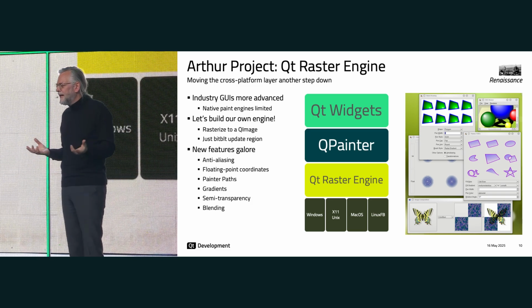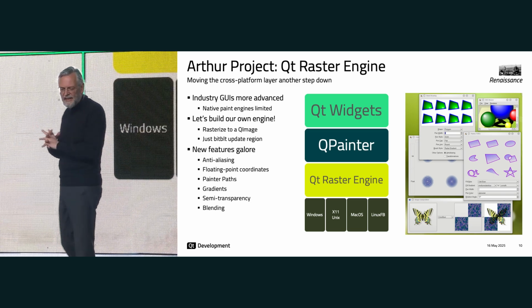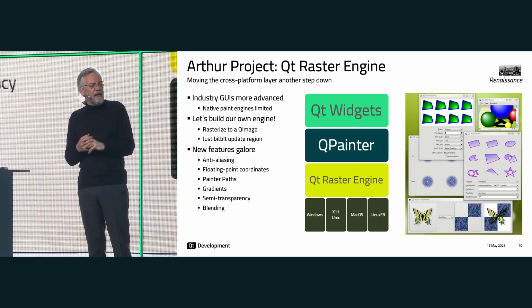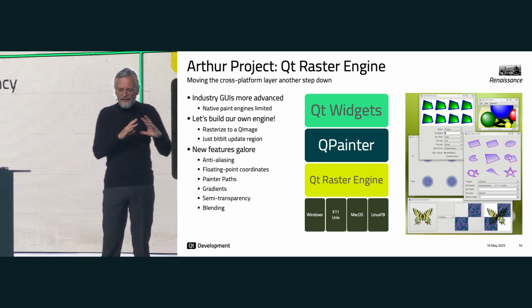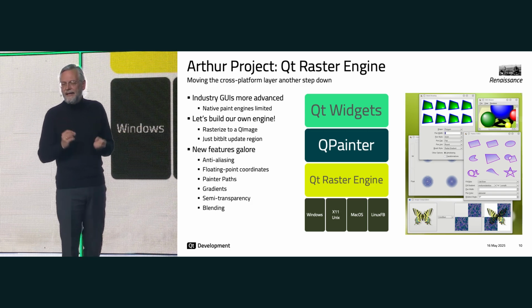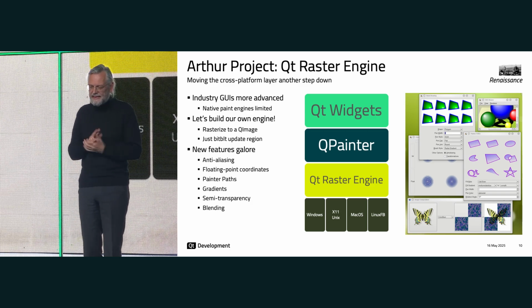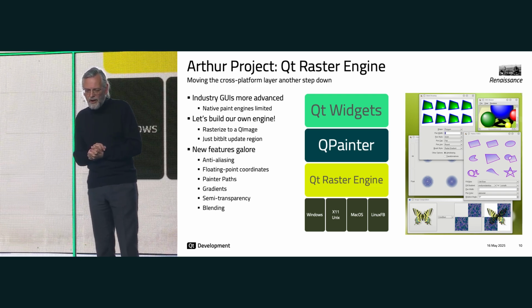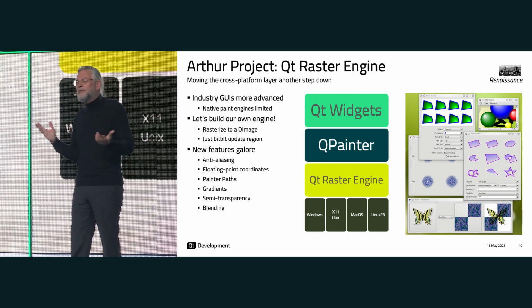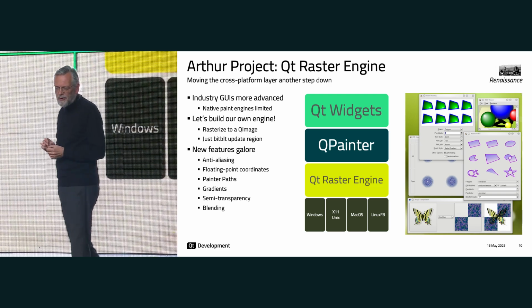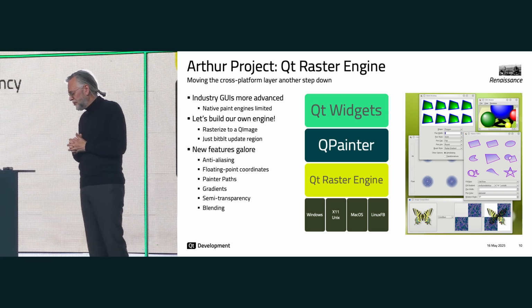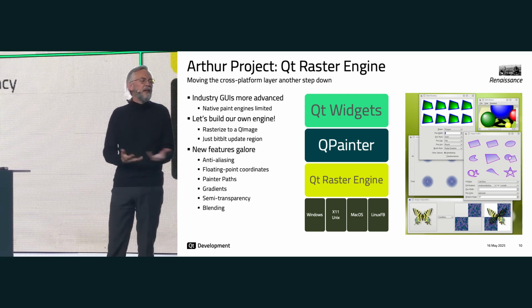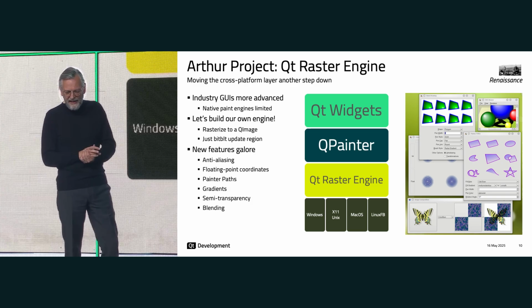And we find that it's increasingly hard to deliver this with our architecture building on the native paint engines, particularly on the aging X11 Xlib platform. So we find ourselves in the cross-platform trap of being limited to the least common denominator of the underlying graphics engines.